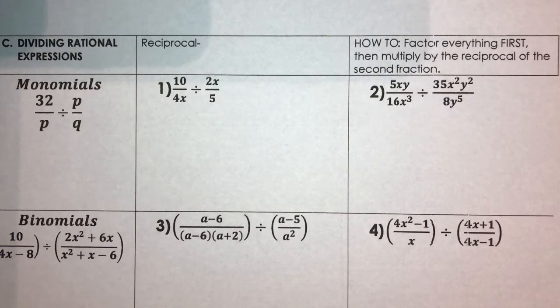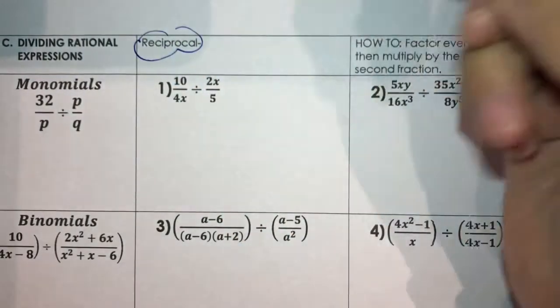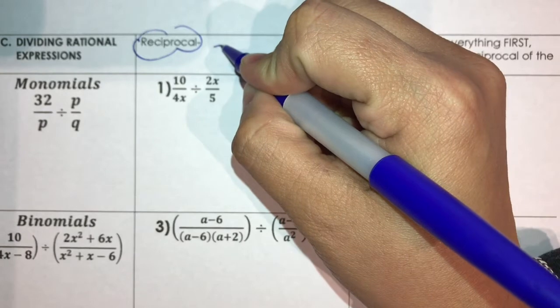Hi, let's go ahead and look at dividing rational expressions. The first thing we want to look at is the word reciprocal. The word reciprocal means a multiplicative inverse.